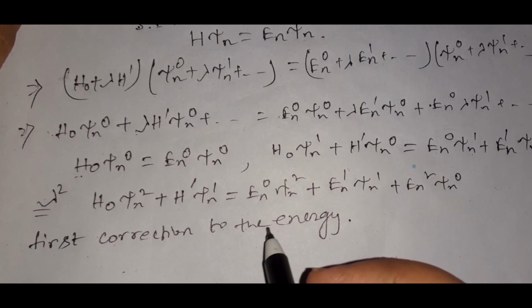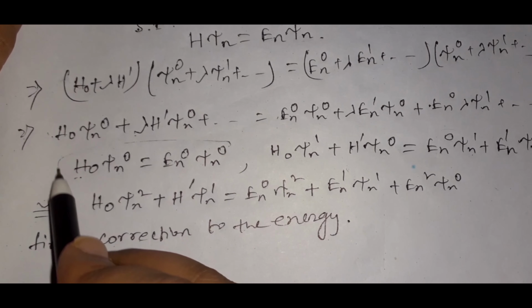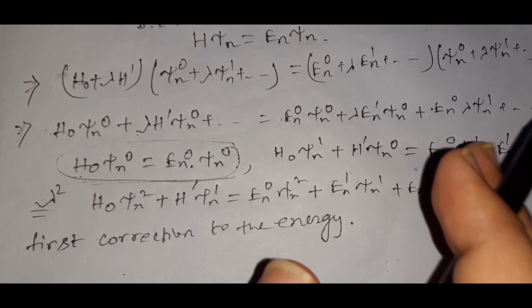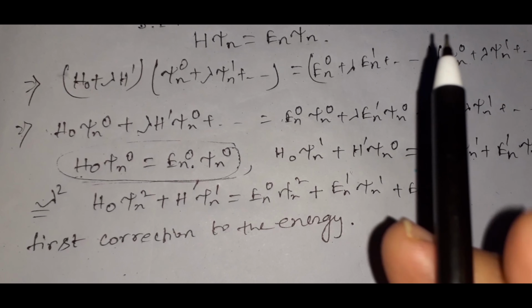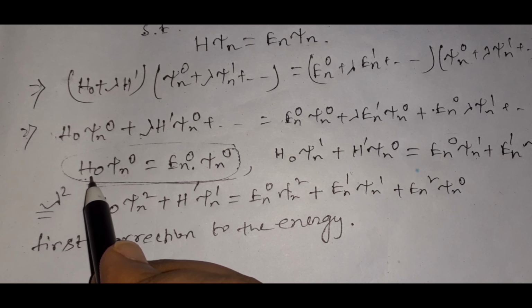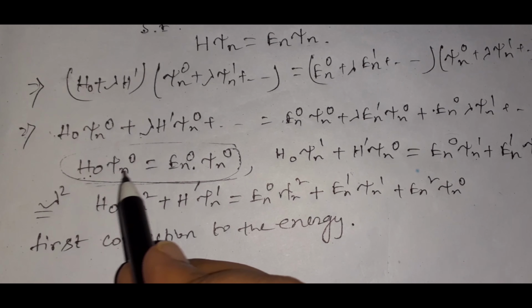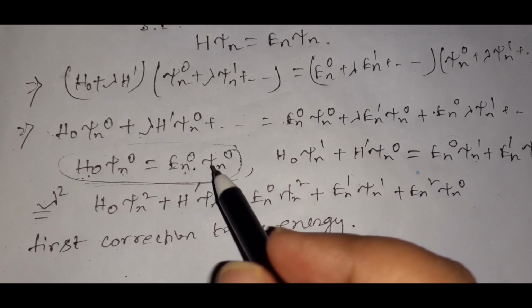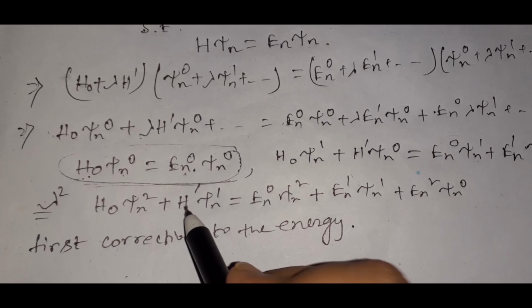As you can see, this is the Schrodinger equation for the normal infinite square well. As I said, this is the Hamiltonian of the infinite square well, this is the wave function of the infinite square well, this is the energy eigenvalue, and H prime is the perturbation part.